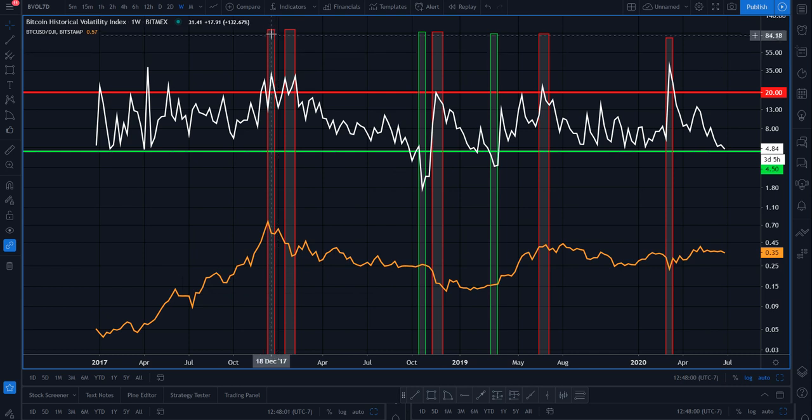What I did is I indicated with these red rectangular zones when the price was at a very high point of volatility. And the green zones are where there is extreme low volatility, where there's very, very little price movement occurring within the marketplace. When you line up the volatility increases and decreases with the price action, it gives you some data that you can work with. And I find it extremely cool.